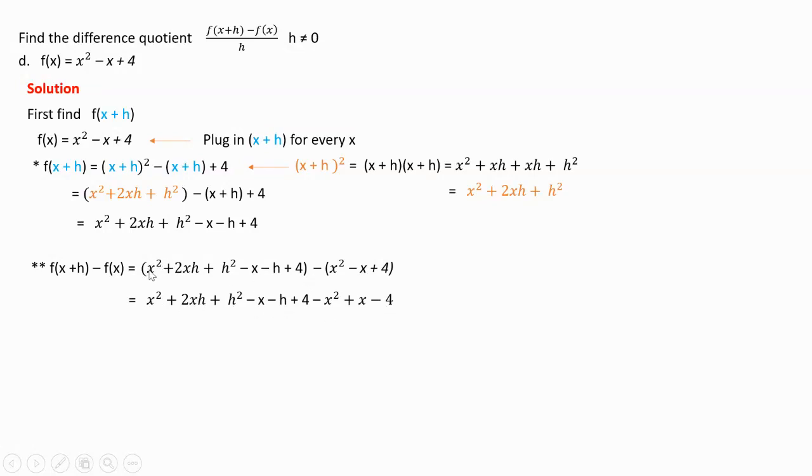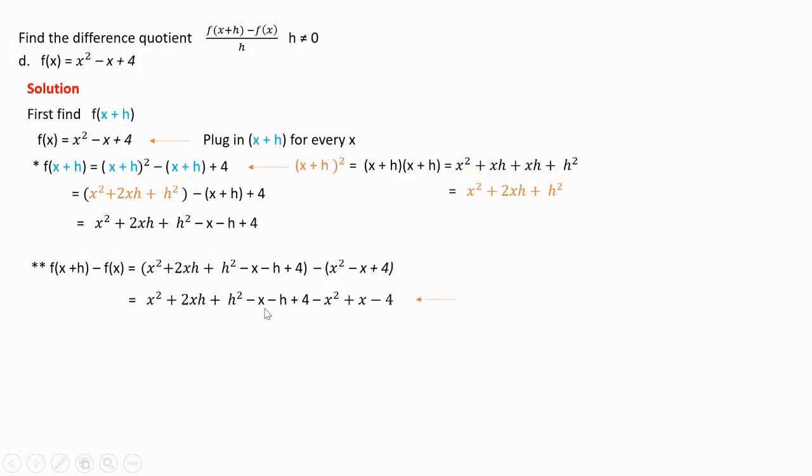So we just bring the f of x plus h down, and then all the signs inside the f of x will change because of the negative here. So this is positive, that'll be negative. That's negative, that'll be positive, because negative times a negative will give you a positive, and negative times a positive 4 will give us a negative 4.